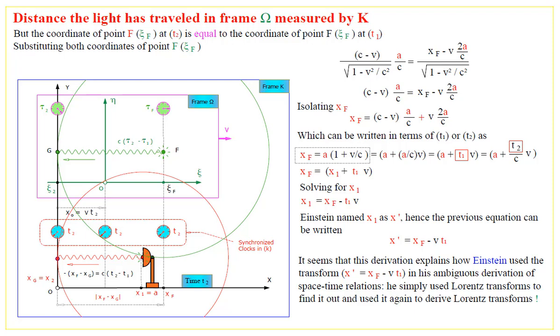It seems that this derivation explains how Einstein used the transform x prime equals xf minus v times t1 in his ambiguous derivation of spacetime relations. He simply used Lorentz transforms to find it out and used it again to derive Lorentz transforms.